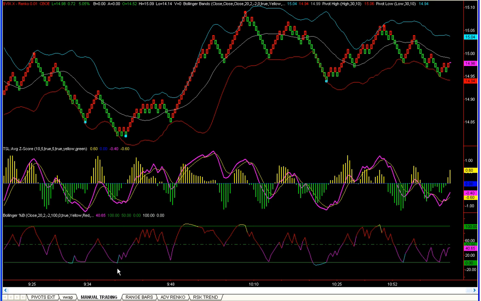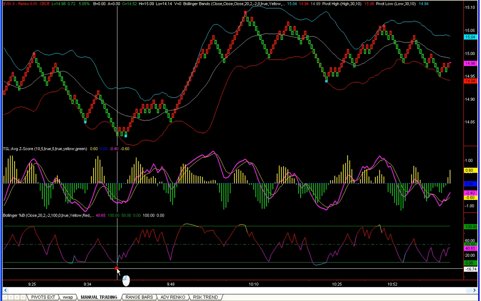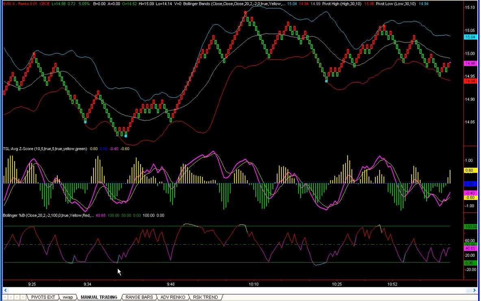Oh, and I haven't even mentioned the percent B over here. Let me just take a second about that. I forgot to mention it. TradeStation came out with a new indicator called Bollinger percent B. It works like a Bollinger, but the thing I like about it is that it nicely identifies high probability pivots when it exceeds zero, when it drops below zero or above 100.